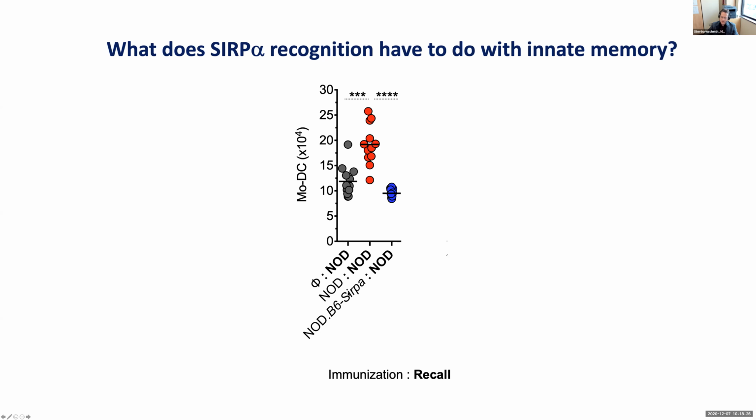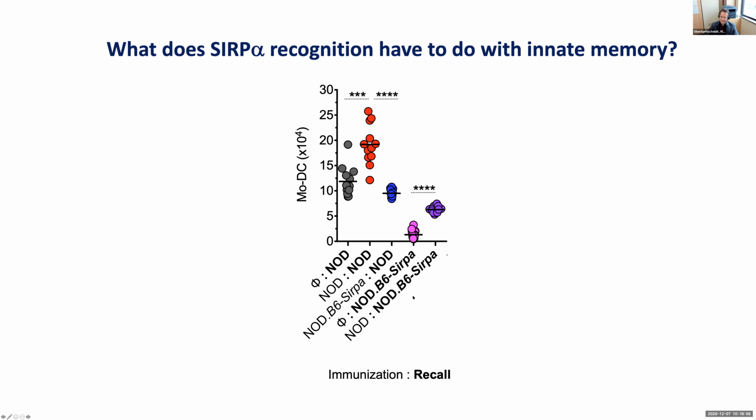So everything is allogeneic, including the MHC, but the SIRP-alpha is syngeneic. And then when we recall with a fully allogeneic SIRP-alpha mismatched NOD, we cannot elicit a memory response, indicating that SIRP-alpha differences are necessary at the priming stage to form memory.